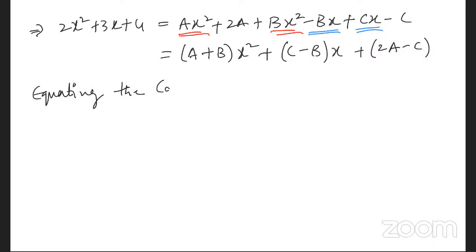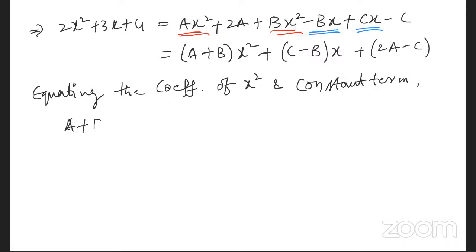Now equating the coefficients of x² and the constant term, what do we get? A + B is equal to 2, the x² term, and the constant term 2A - C is equal to 4. Okay, so we have the value of A. What did we get? A as 3. So this implies 3 + B is equal to 2.